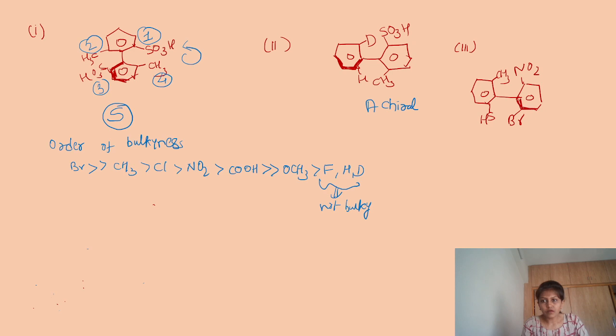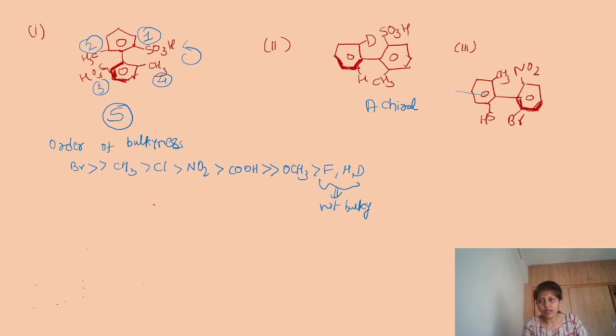This is above the plane. Now there will be no plane of symmetry. All groups are bulky, so that condition is also satisfied, right? A is not equal to B, C is not equal to D. Okay, so a chiral axis is present.